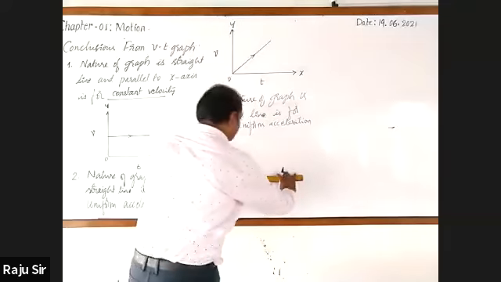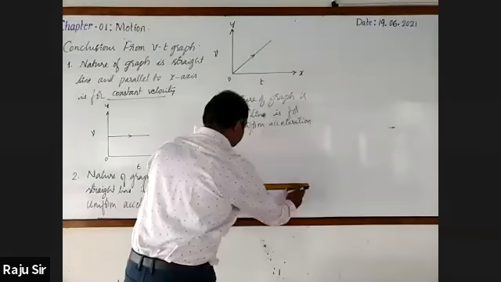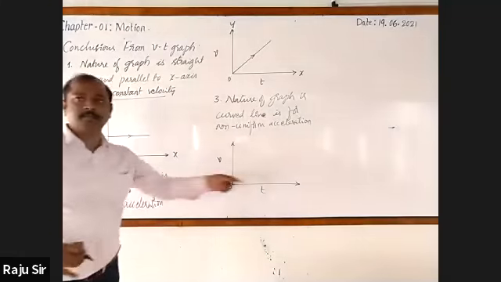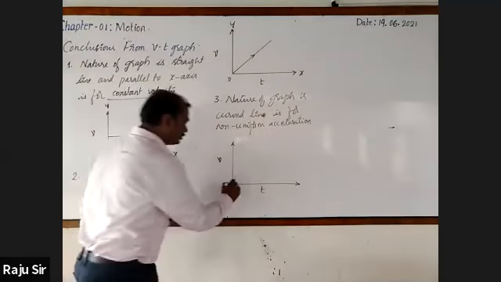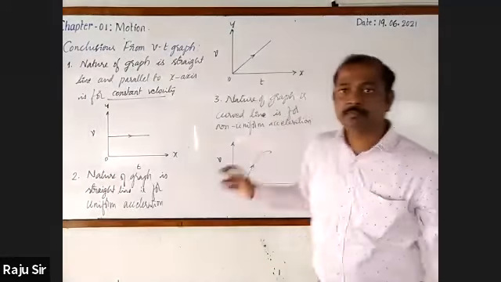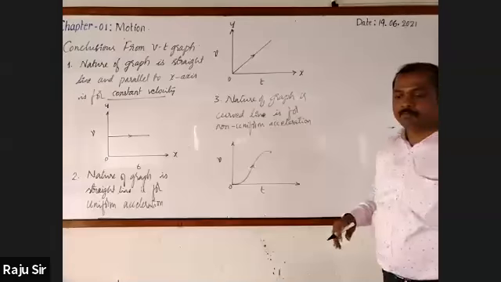Draw the graph. Draw x and y axis. Velocity axis and time axis. And you can show the graph like this. It is curved line. Here the speed is increasing.